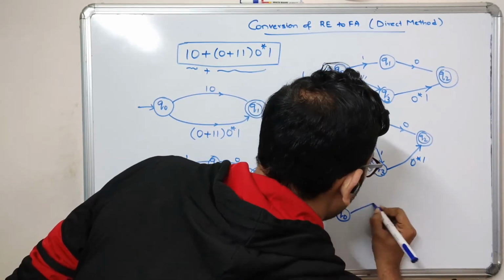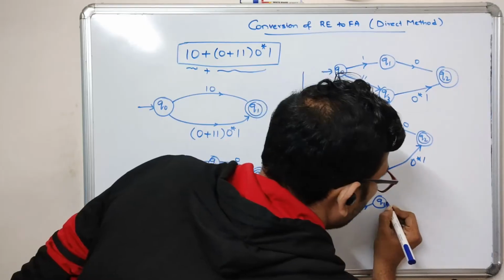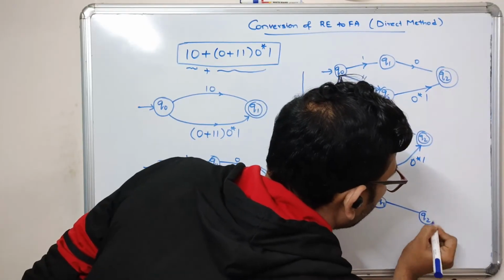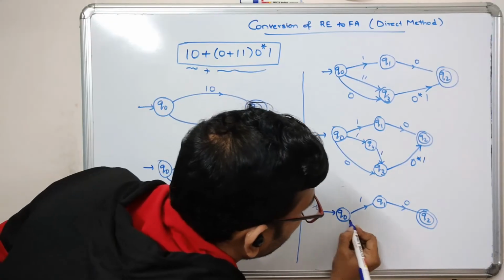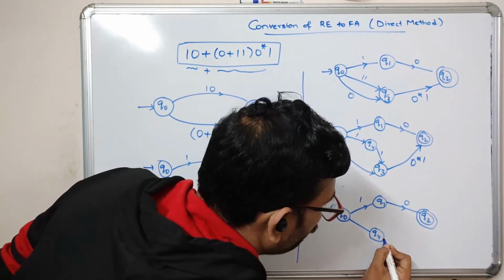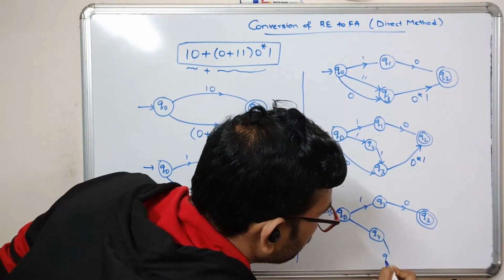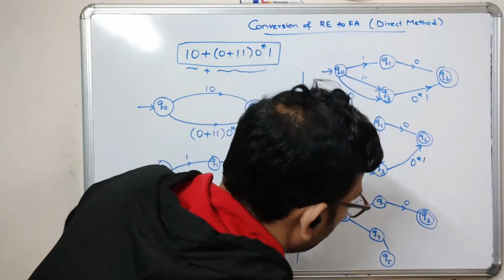and from Q0 it moves to Q1 upon the input symbol 1, and it moves to Q2 upon the input symbol 0, and here you can simply go with the Q4, and from Q4 you can write it as a Q5. Okay, sorry, it's a Q3.